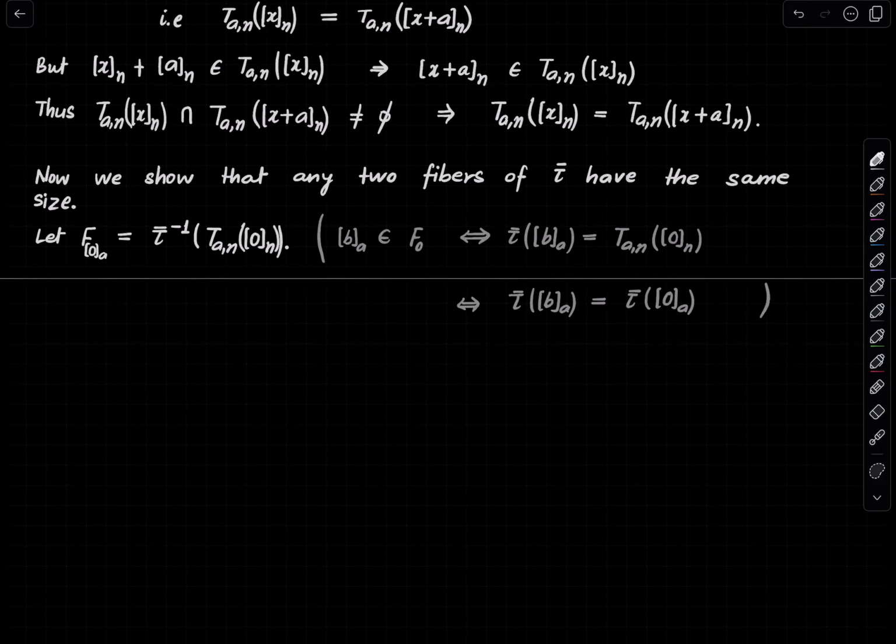All right. So we claim, again, notational problems, let me use alpha and beta.